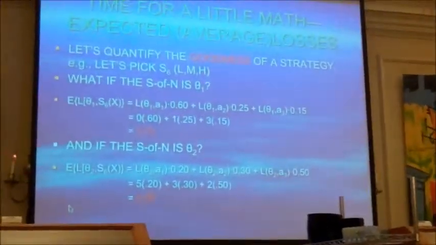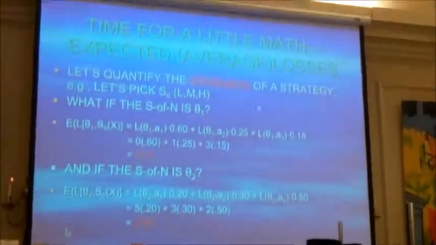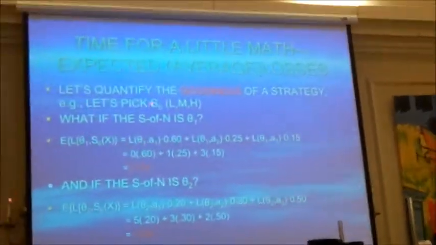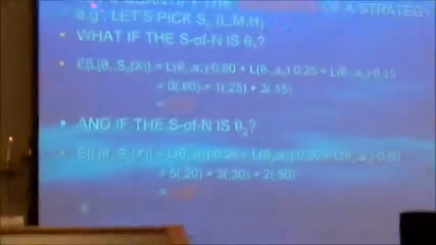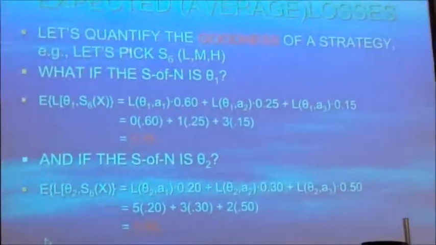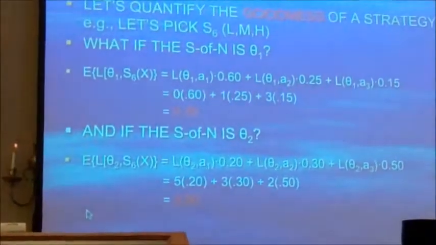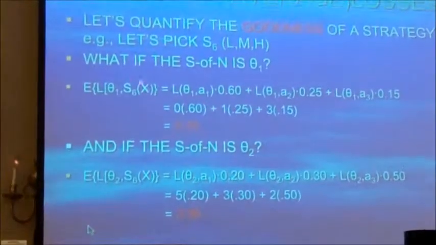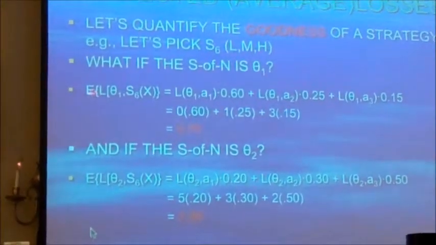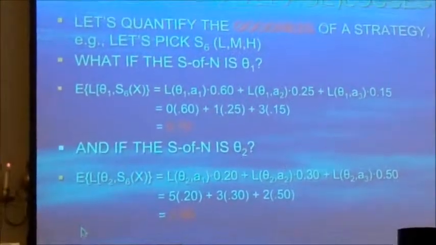All right, so let's quantify the goodness of a decision. And let's, for illustration, pick S6. What if the state of nature is really theta 1? Then, all right, you all are supposedly very smart in math, so hang in here with me.